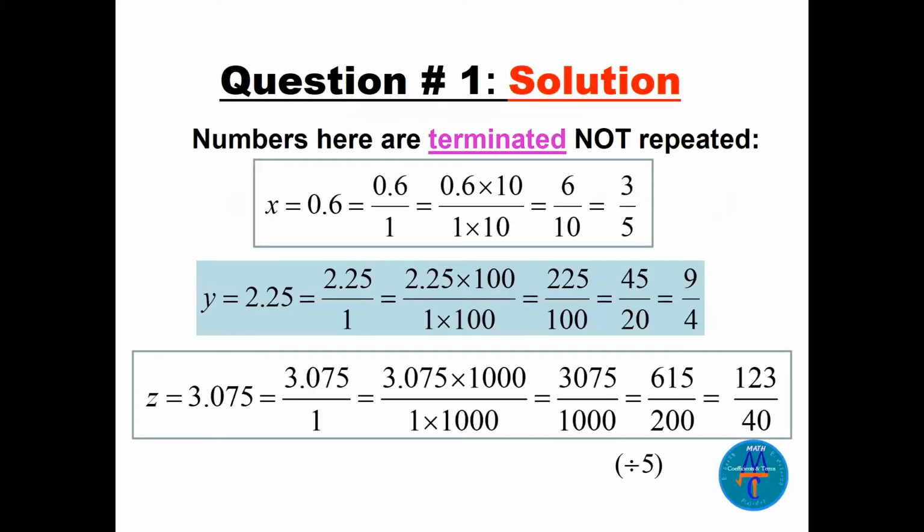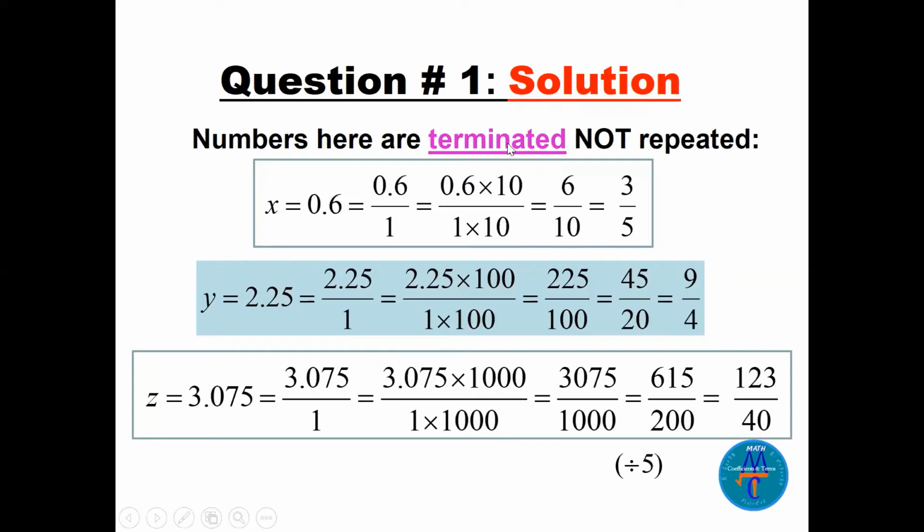Now we notice that these numbers are terminated. This is the common thing here: terminated. These numbers are not repeated. So if it is terminated, we just count. See 0.6. We count how many numbers after the decimal point: 0.6, one number. So I multiply up and down by 10, easy.